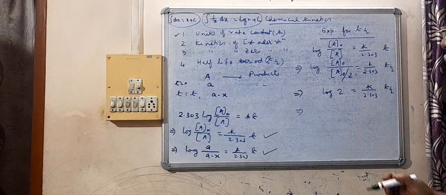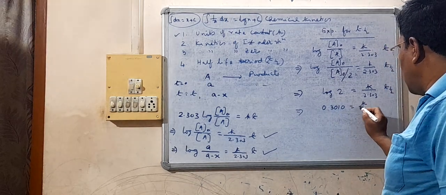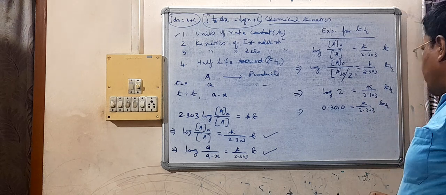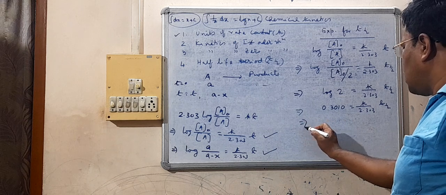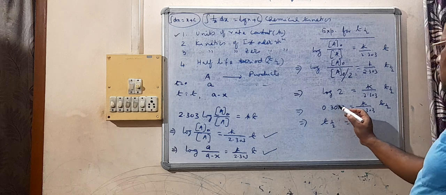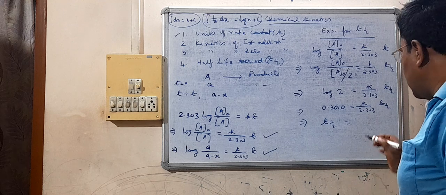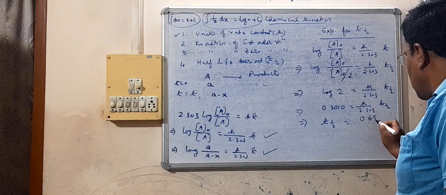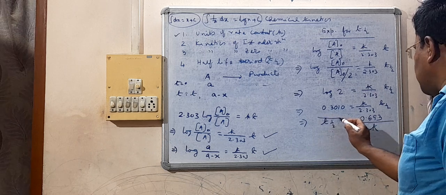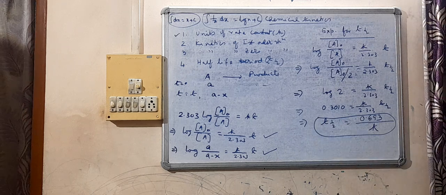Now the value of log 2 is 0.3010, so T half value will be 0.3010 multiplied by 2.303, which gives 0.693 by K. So this is the expression for half-life period in case of first order reaction.